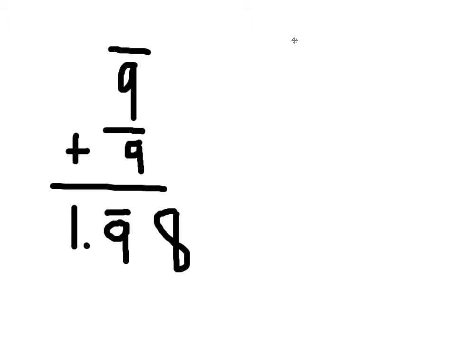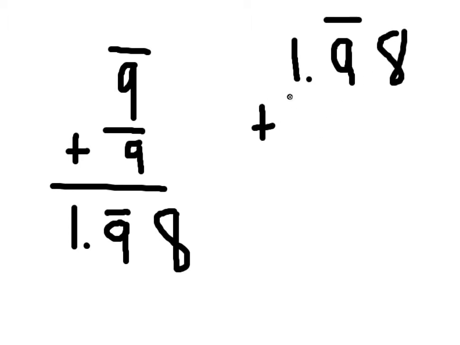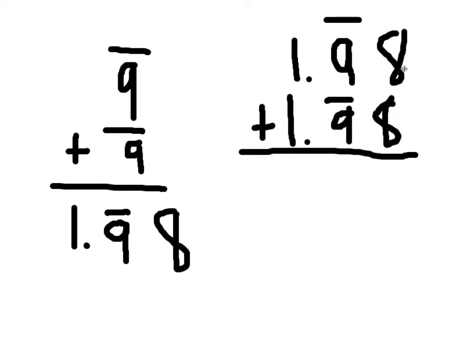And now 1.9 repeating 8 plus 1.9 repeating 8 equals, let's just stuff the digits of 9 in there so I can do more addition.